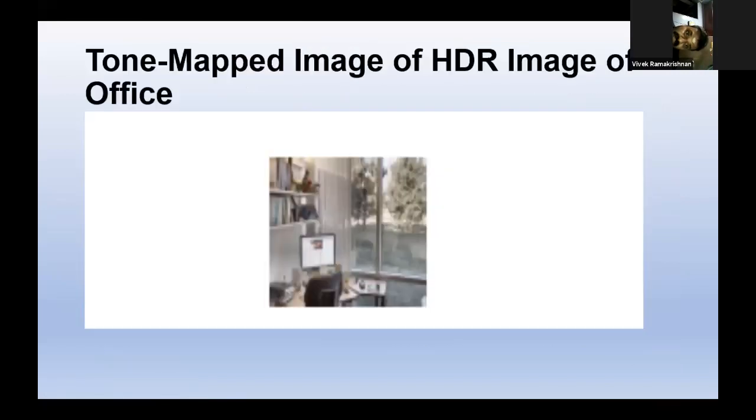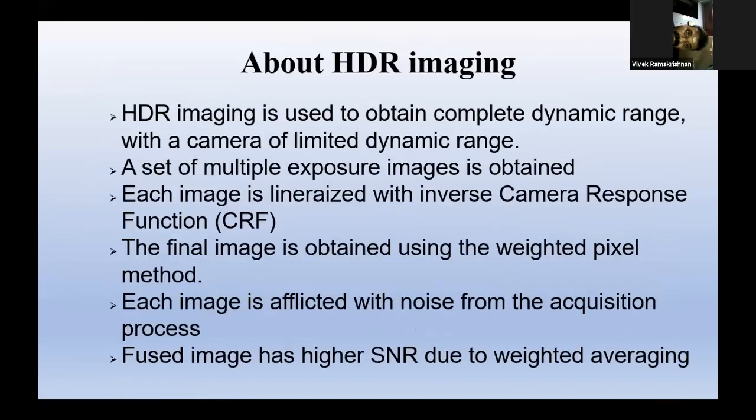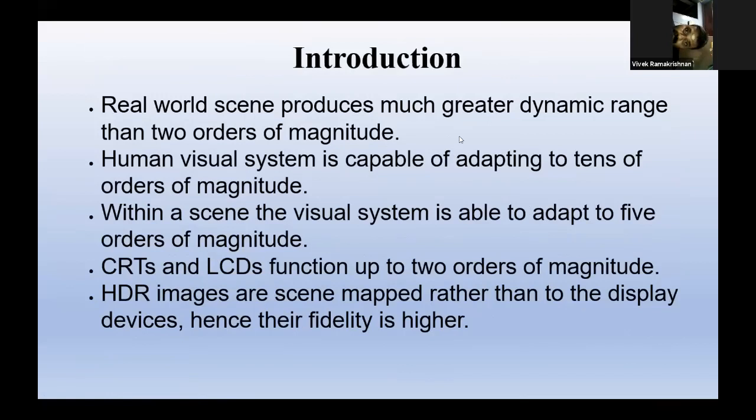You can see that with traditional exposure fusion, the real world scene produces a much greater dynamic range than 2 orders of magnitude. The human visual system is capable of adapting to orders of magnitude. That means we as normal human beings, with our rods and cones, are able to adapt and see all the regions properly, unless it is a mirage kind of thing, or something in severe dark that we are not able to see, because the perception of the human eye is greater than the display device or the print media.